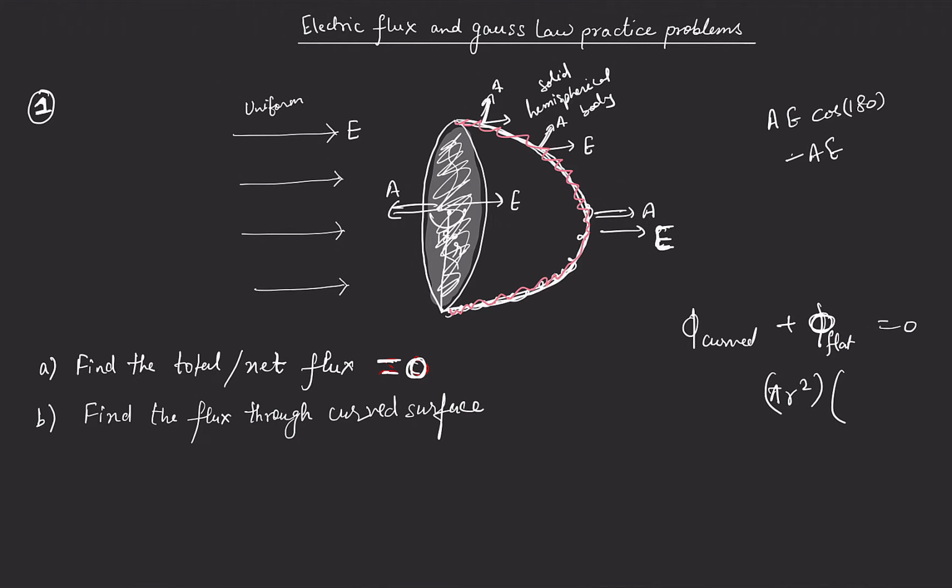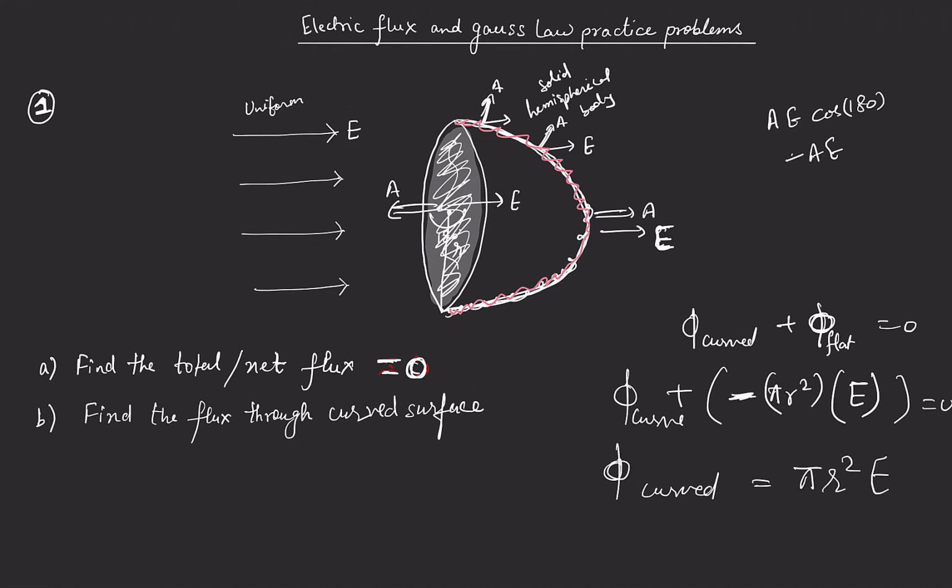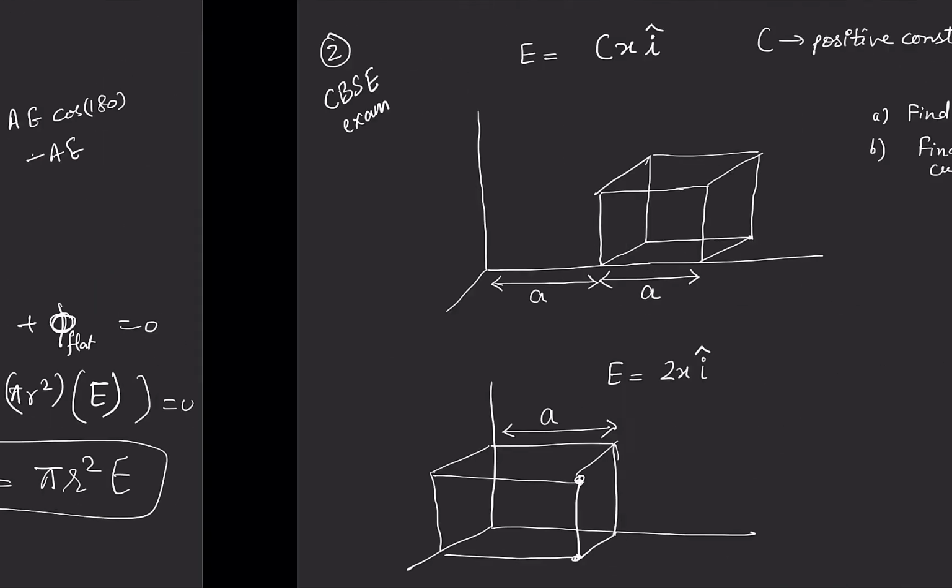At every point on the surface, the magnitude of electric field is same because it's a uniform electric field. So we'll multiply it by E and add a minus sign because flux through flat surface is negative, and flux through curved plus this should be zero. So simply flux through curved surface is equal to pi r square E, which is positive. So this was also pretty straightforward.